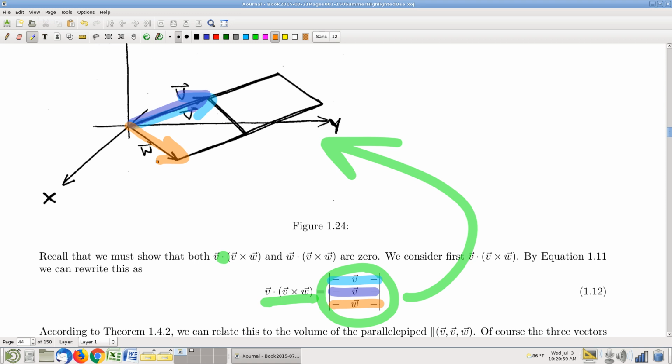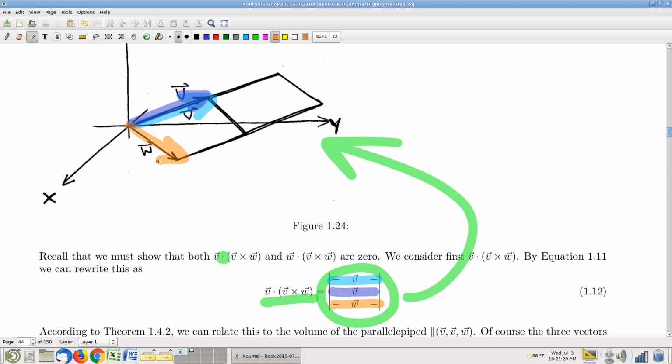What's that parallelepiped going to look like if the first two vectors are the same vector? It's going to be a box, but a smushed box. It's a box that's flattened for recycling. These two vectors are the same vector.